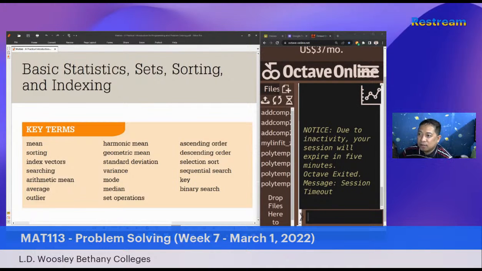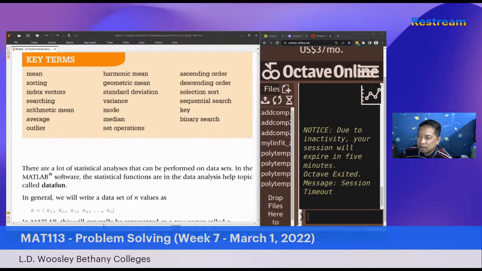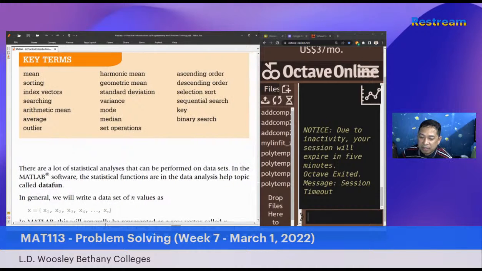All right. So let's move down here. We could look at some of the descriptions. There are a lot of statistical analyses that can be performed on data sets. In the MATLAB software or utilizing our Octave, statistical functions are in the data analysis help topic called data pan.